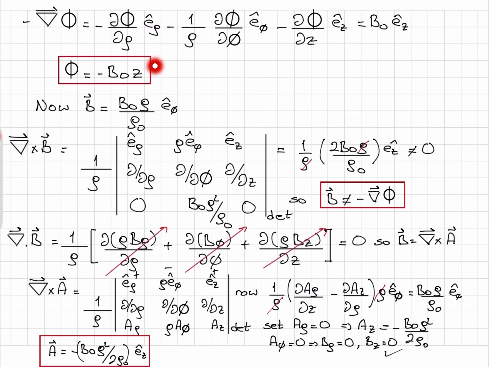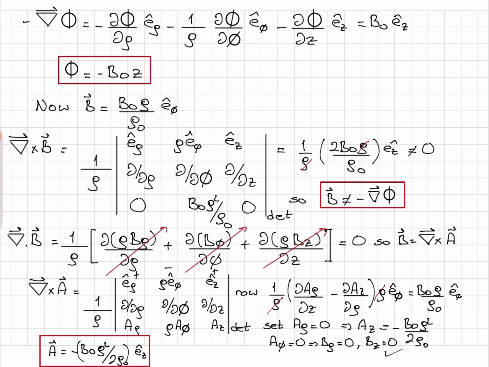That gives me the scalar potential up to a constant. Now, when this magnetic field is used, its curl I have shown to be not equal to 0, which means it cannot be written as minus gradient of a scalar function, but its divergence is 0.